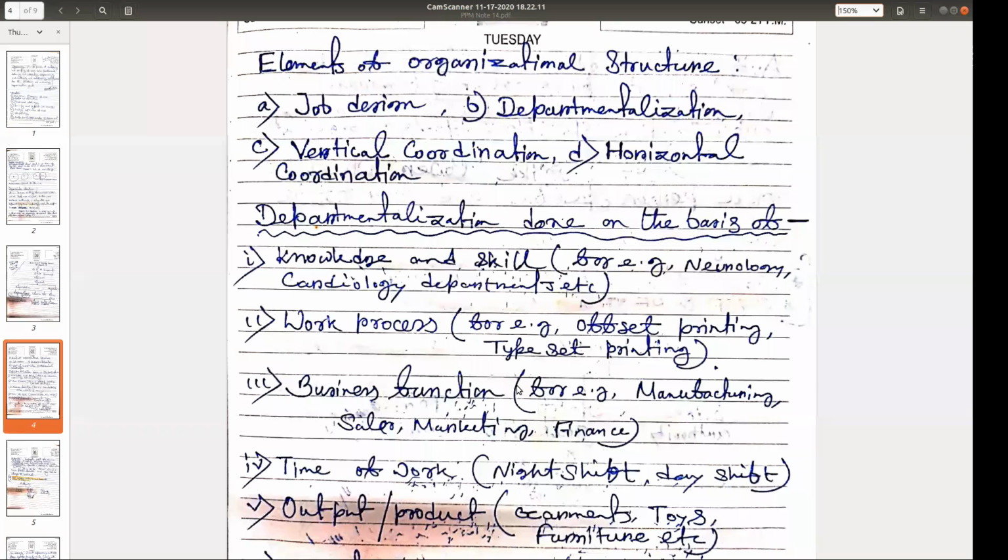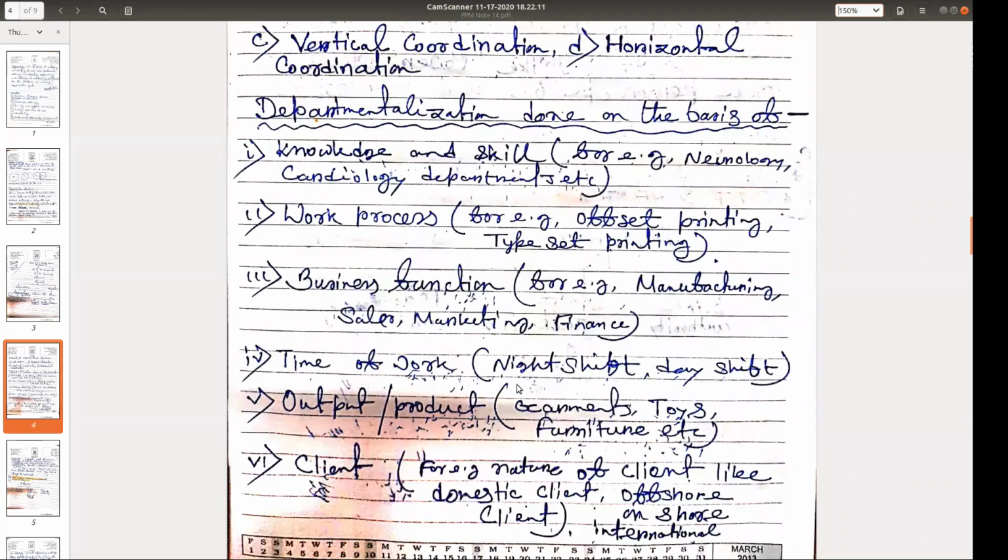Business function, time of work, output or product can also be bases. And the types of client we are handling: based on that also, we can subdivide our organization into different departments.